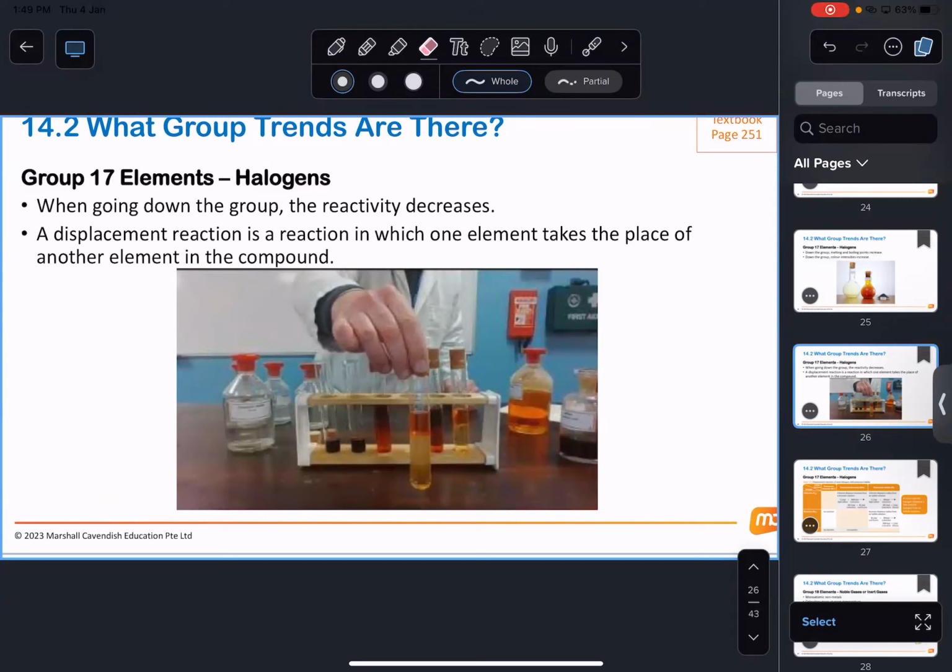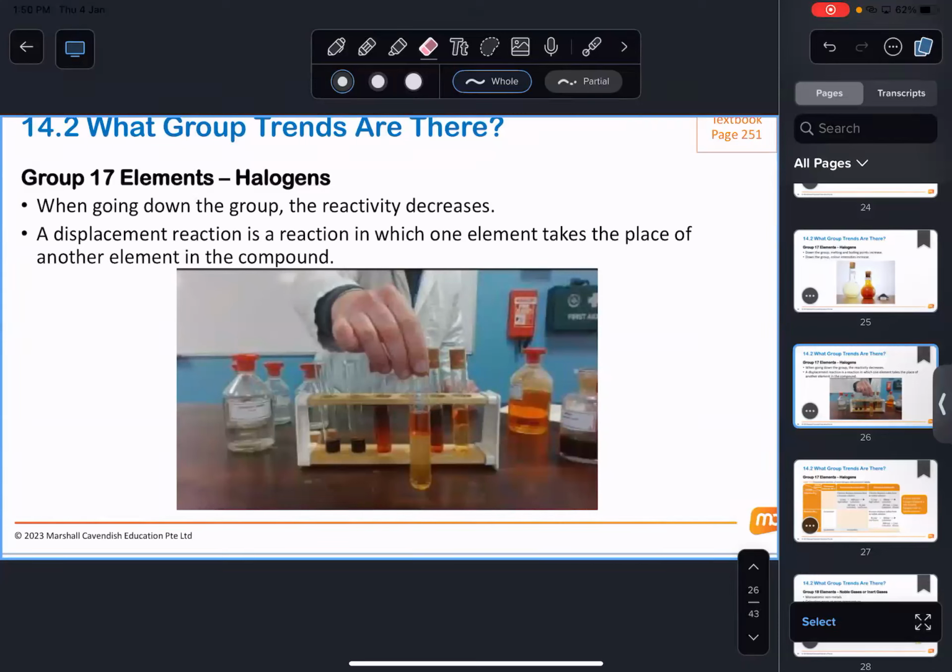Okay, displacement reaction, learned before. Did we learn displacement reaction? We did, right? We did talk about displacement. What is displacement? I think the definition is written here. You have one element taking the place of another. Which chapter did we cover it in?